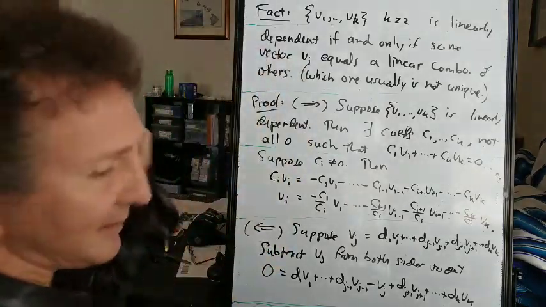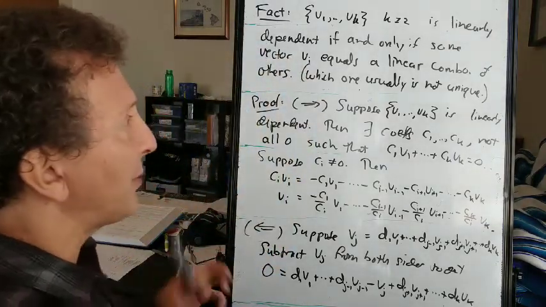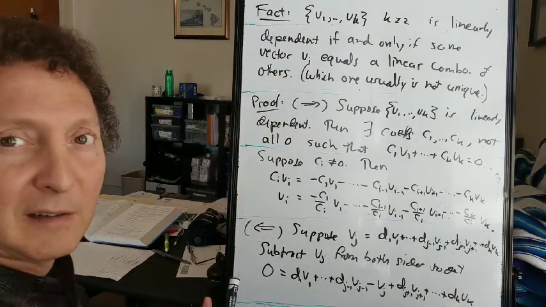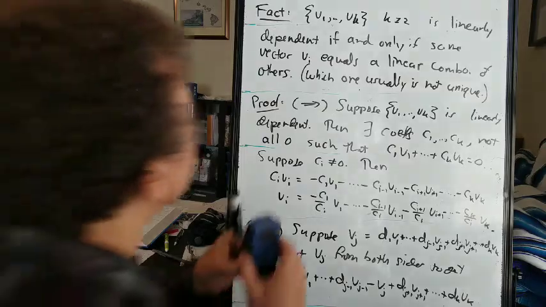All right, so now to put this idea into practice, let's look at 4 polynomials and decide whether the set of 4 polynomials is linearly dependent or independent.